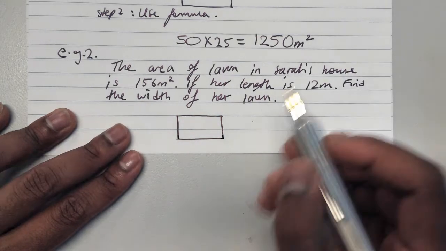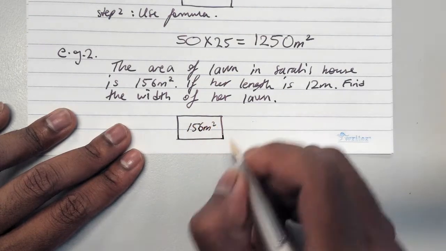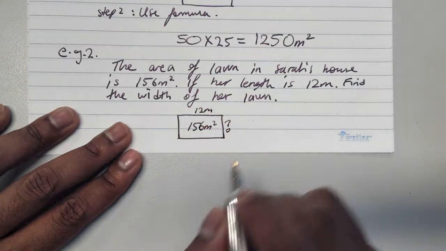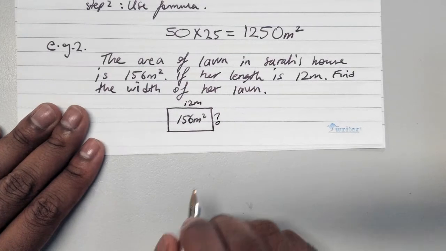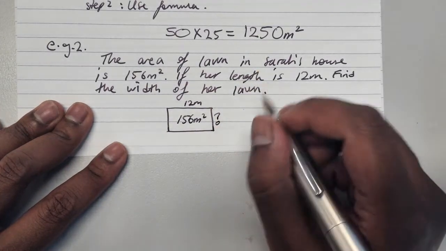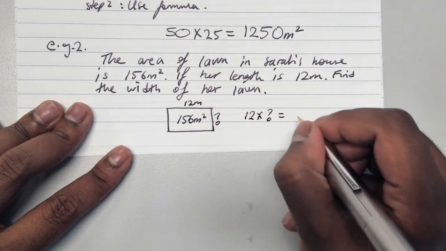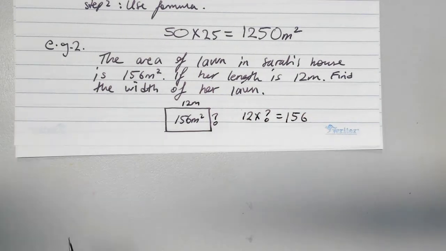We know it's 156 square meters. We know the length is 12. And we don't know what this guy is over there. So what's my formula? So it's 12 times something. That's going to equal 156. So 12 lots of something is 156.